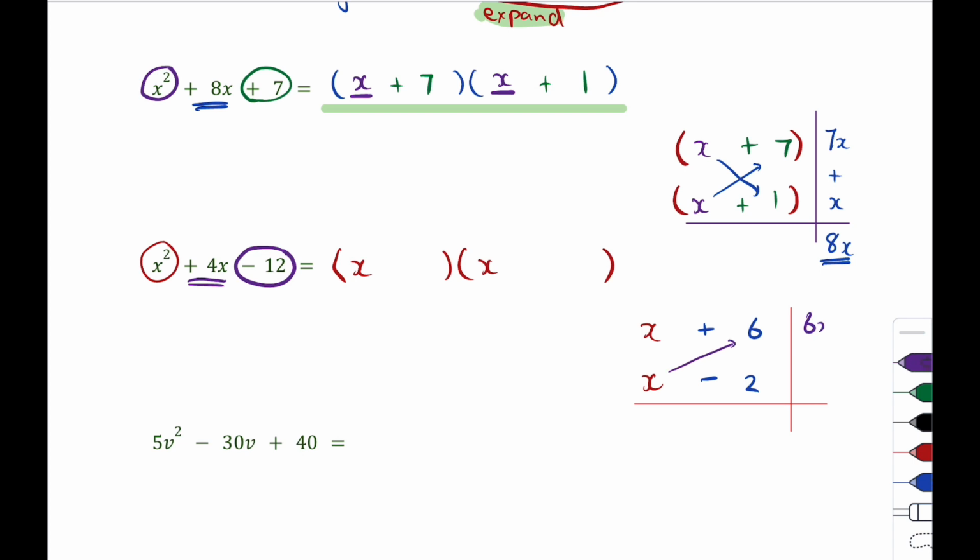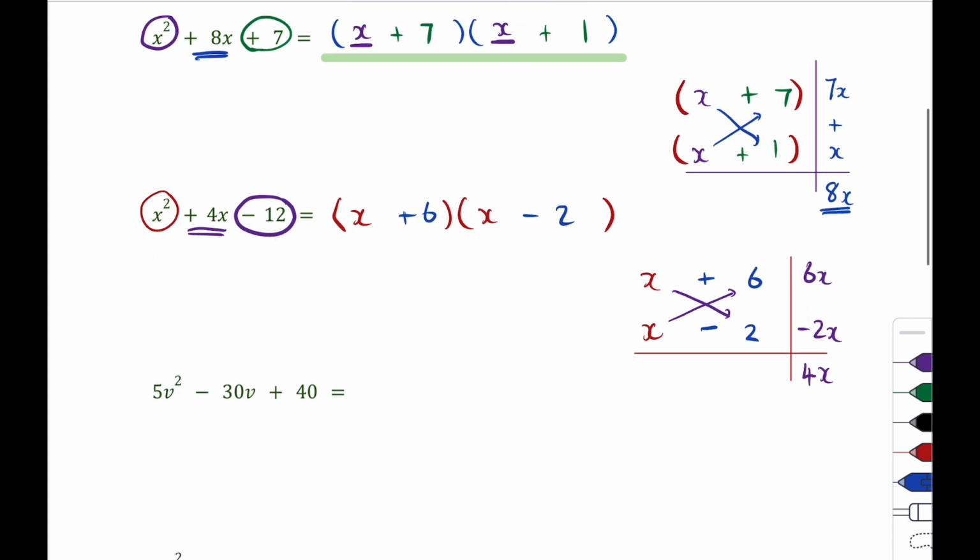This would give me 6x, this would give me negative 2x, and together I have positive 4x. So I would have x plus 6, x minus 2, and there I have factored.